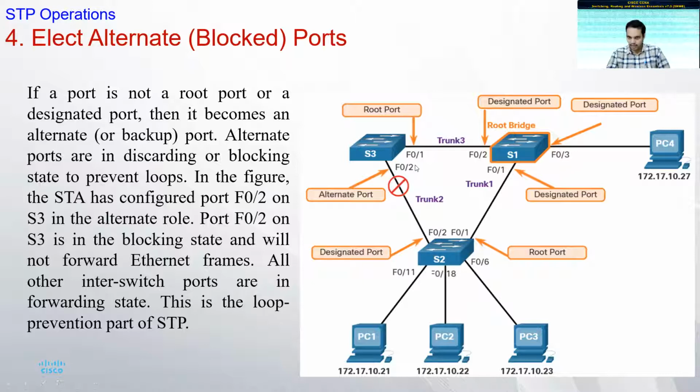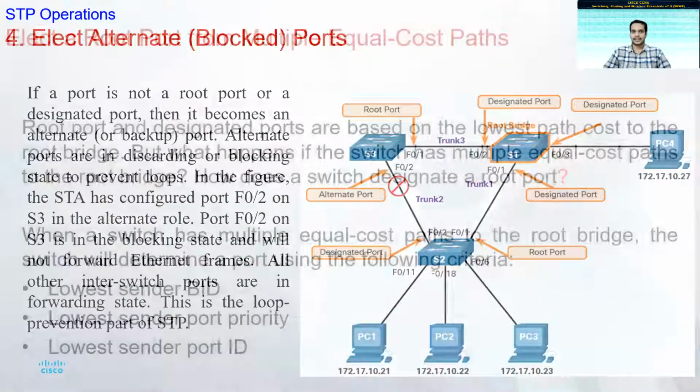This particular F0/2 port will be in the blocking state and will not forward Ethernet frames. All other inter-switch ports are in the forwarding state. So this is how STP will prevent loops happening, by selecting the appropriate root ports and designated ports and keeping all the other ports in the blocking state.